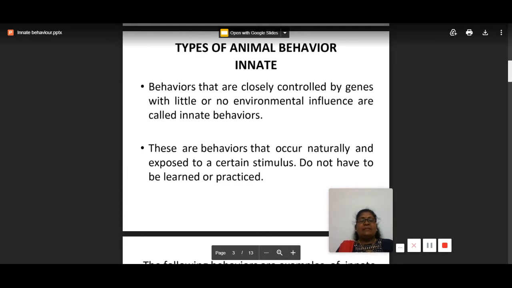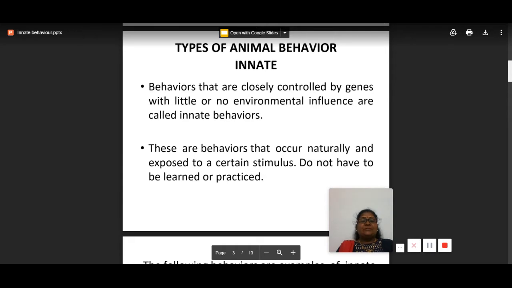It is already innate, that is, inborn, inside the animals only. That is why these types of behaviors are controlled by the genes with sometimes no environmental influences.